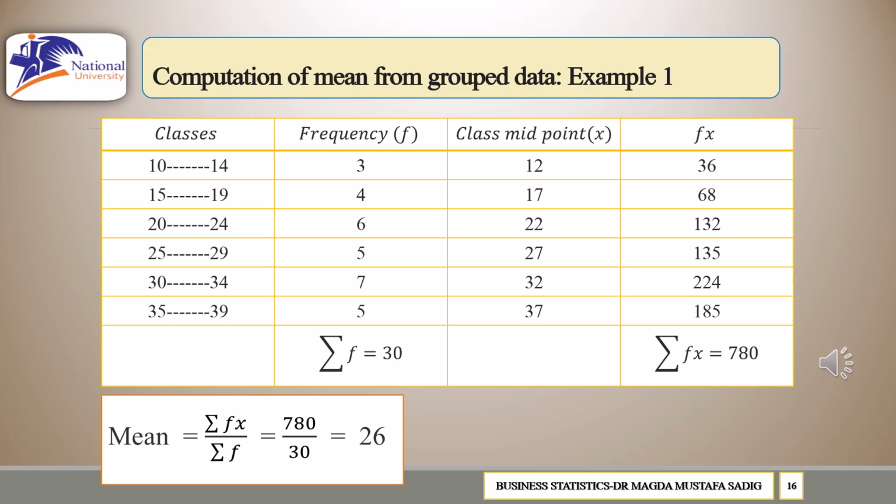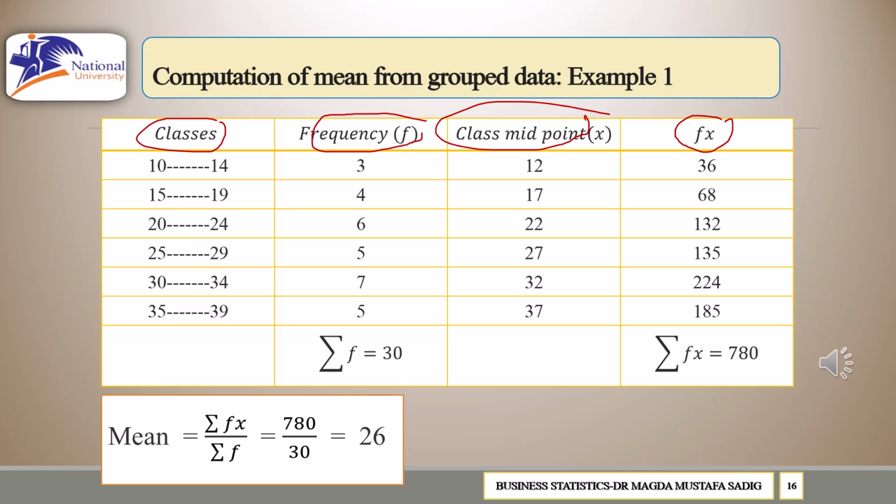Let me use the laser pen. So this is the classes, column 1, and column 2 uses frequencies. Column 3 is class midpoints, and in column 4 we multiply the frequencies with the adjacent class midpoints.